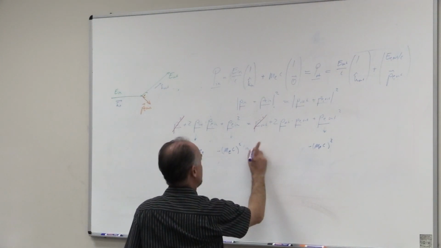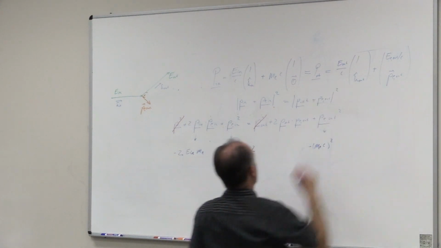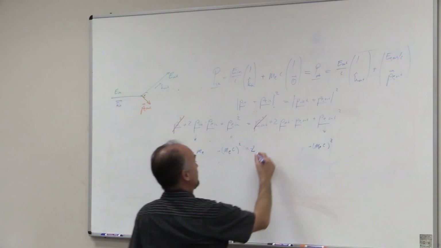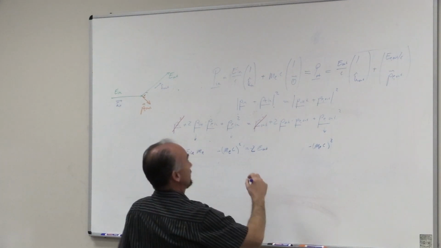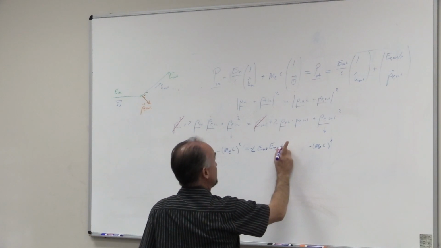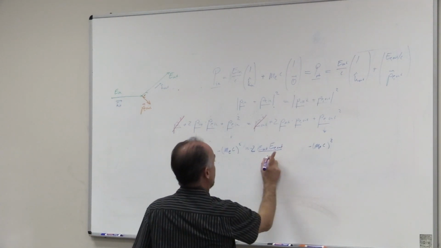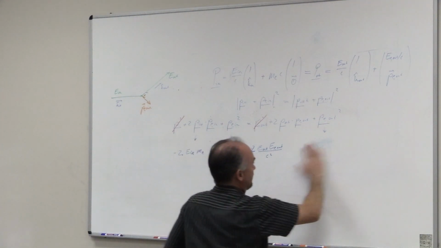There's 2 times the time component, again, minus 2 E_out times the electron out over c squared. That's here.